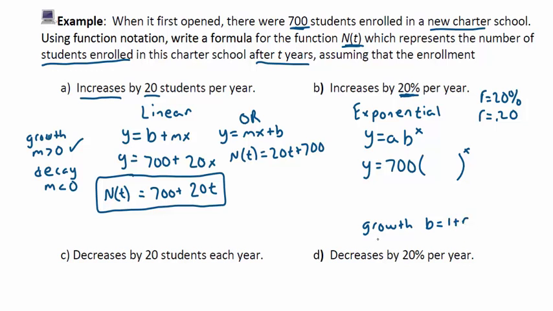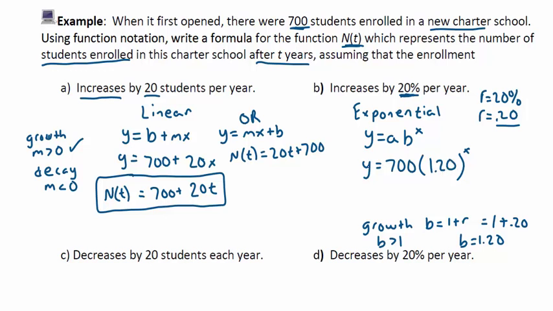Just as a plausibility check, you should know that exponential growth can only happen if your b value comes out to be bigger than 1. If you take 1 and add our r value, which as a decimal is 0.20, you get a b value of 1.20, which is bigger than 1, and it represents 20% growth.